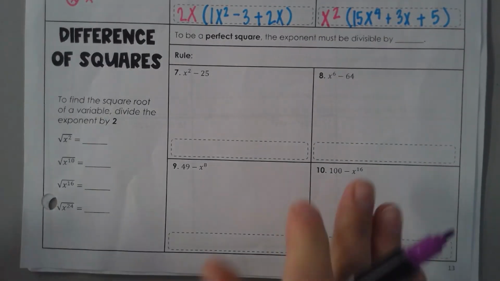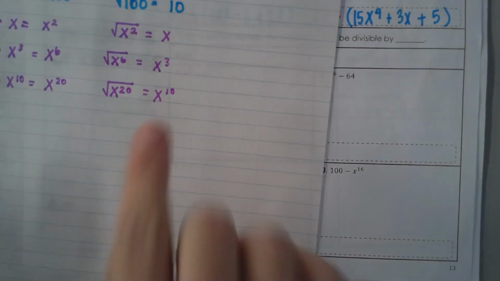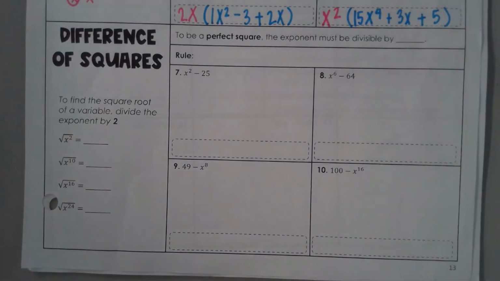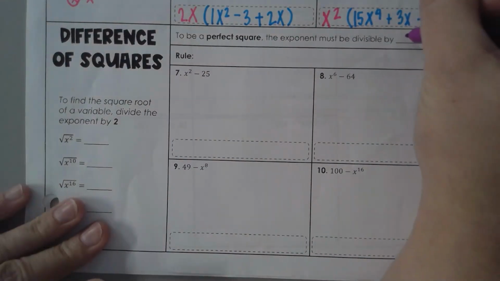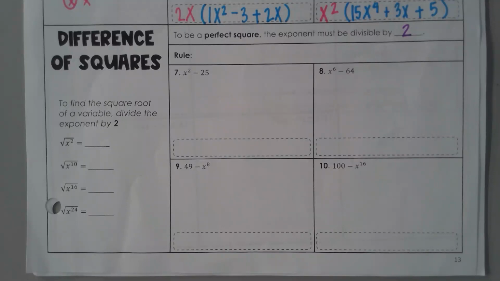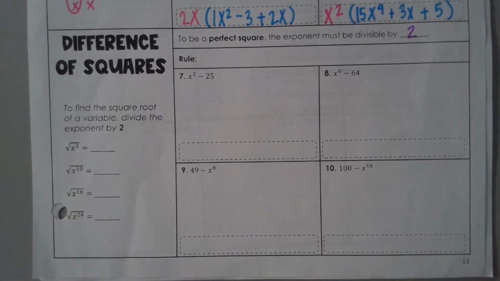Alright, so in order to be a perfect square, when we're talking about variables, notice all the ones that I did here, the exponent was even. It has to be divisible by 2. So when we're looking at variables, not just regular numbers, for it to be a perfect square, the exponent must be divisible by 2.